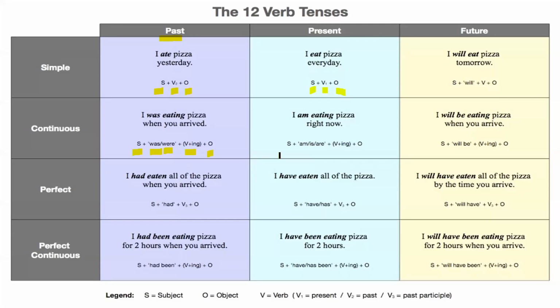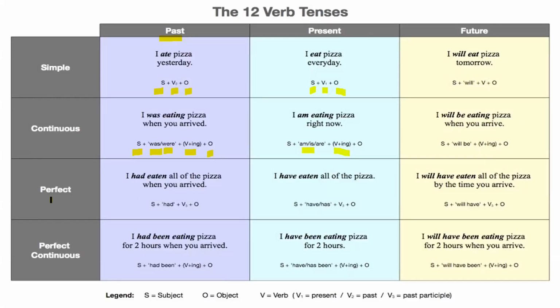And the same thing for the present, but here the present form of the verb to be for the continuous tense: am, is, are. Again, the infinitive form of the verb plus ing plus the object.